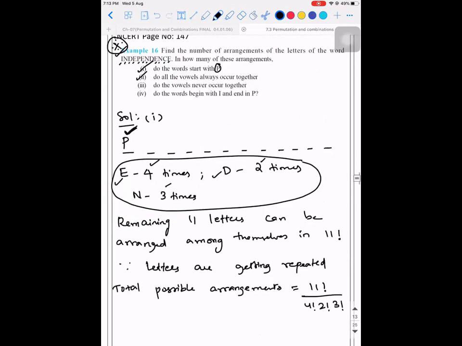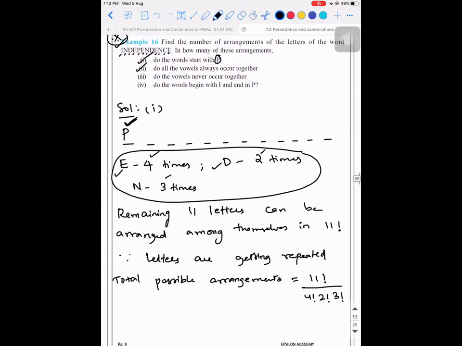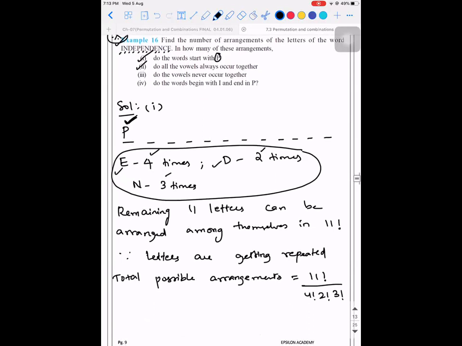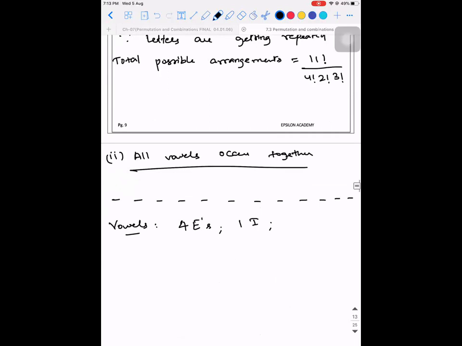A? No, E, I, O, U, no A. Everything should be treated, when you need everything together, you should combine them and treat them as one object. So 4 E's and 1 I put together, if I treat it as one object.